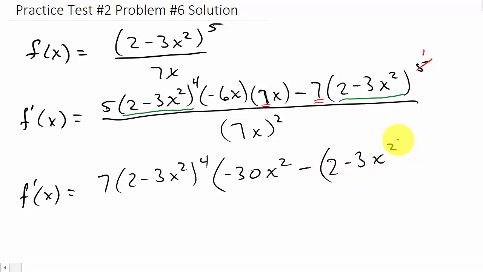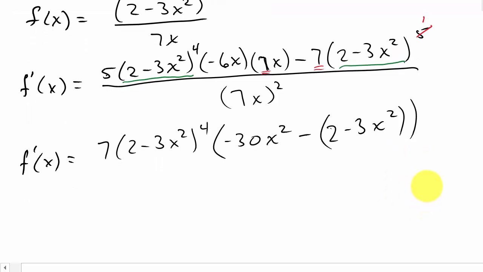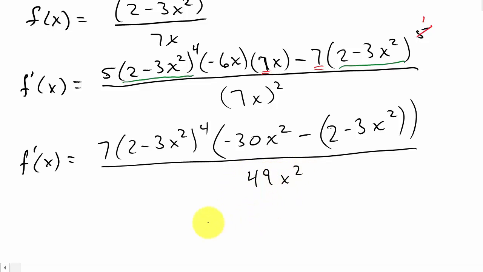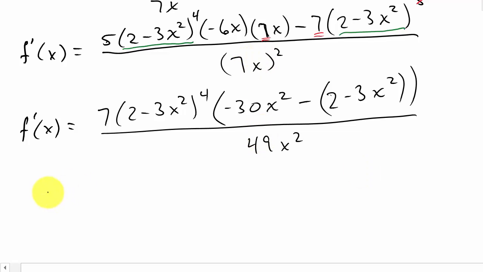But remember, this needs to be in parentheses. Okay, make sure you have that in parentheses. Alright, so let's see what we get from this. Let's go ahead and multiply that out. 49x squared when we square the 7x.